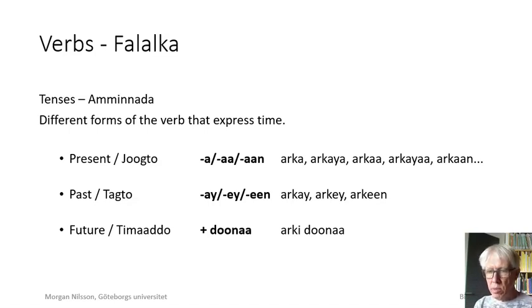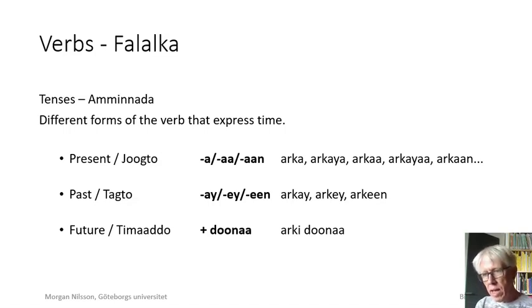We have in Somali 3 different tenses or time forms. We have the present, what is happening now. In Somali jogto, as a grammatical term. We have past tense, takto, and future tense, timado. And the endings in these different forms contain a for the present tense.